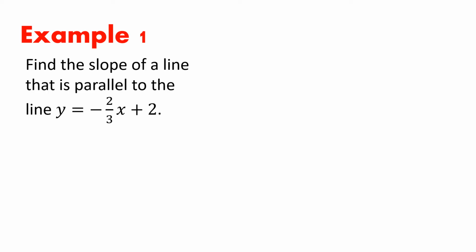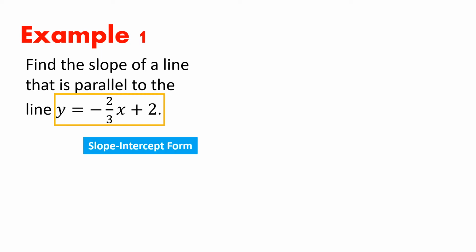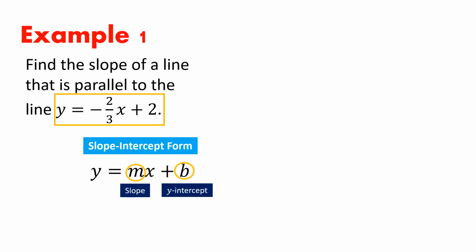In example 1, we are asked to find the slope of a line that is parallel to the line y equals negative 2/3 x plus 2. Notice how the given equation is in slope-intercept form, which is the form y equals mx plus b, where m is the slope and b is the y-intercept.